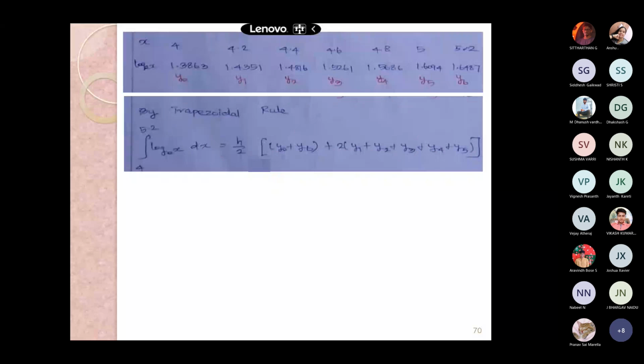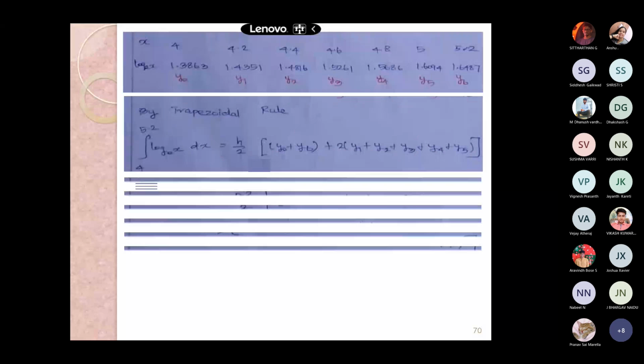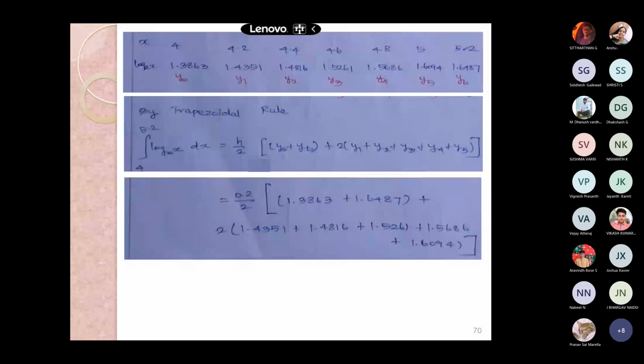And this is what we need to apply with the trapezoidal rule. So h is obviously 0.2 divided by 2, with y0 and y6. We have y0 as 1.3863 and y6 as 1.6487, plus we need to accumulate y1 to y5, the intermediate values.